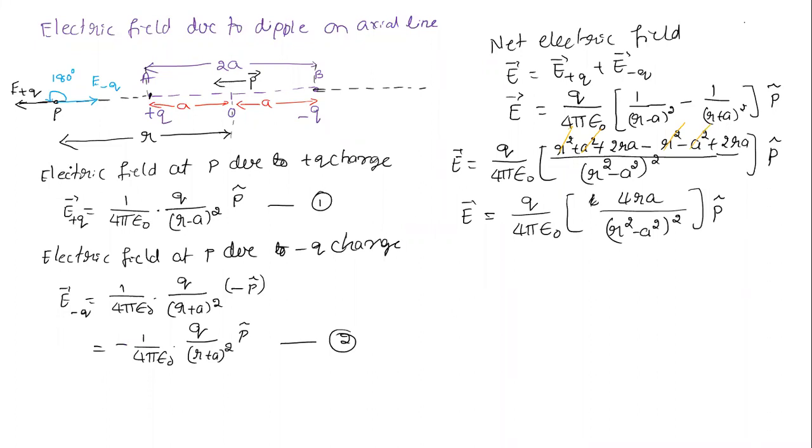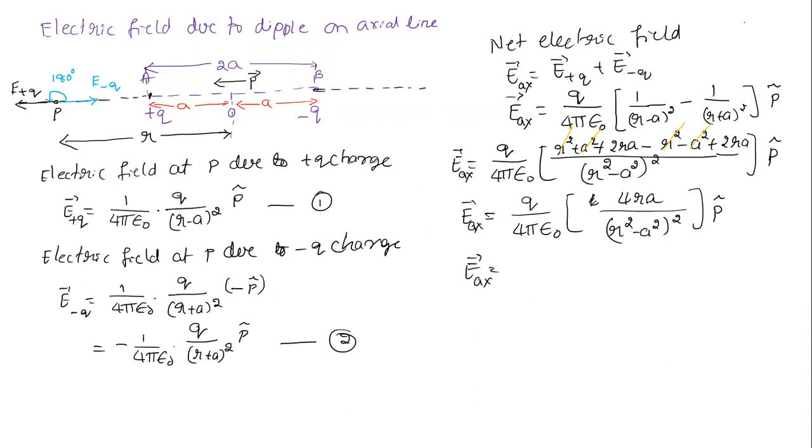Okay, this is the electric field on the axial line. How can we indicate it now? Let me indicate it with E axial, EAX, where AX stands for axial line. So for further simplification, we can do it like this: E axial is equal to this.